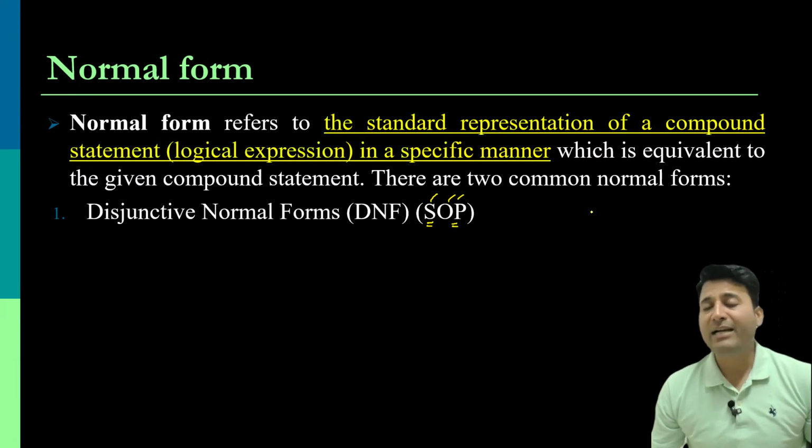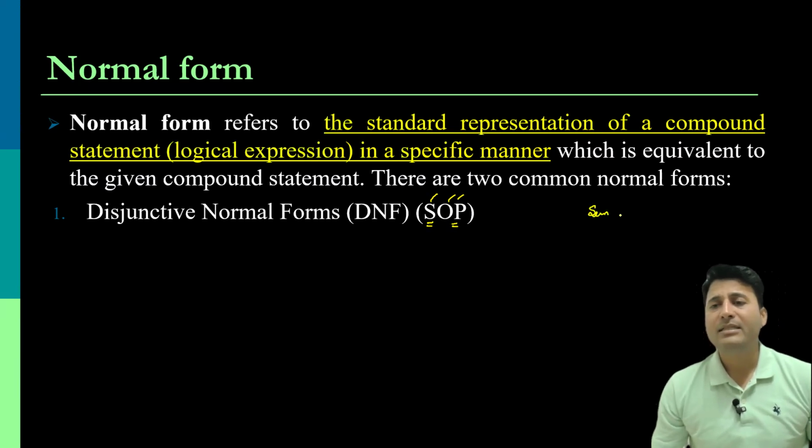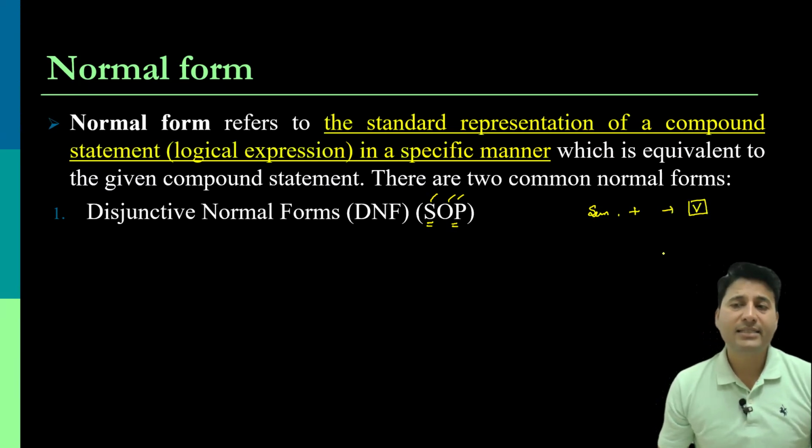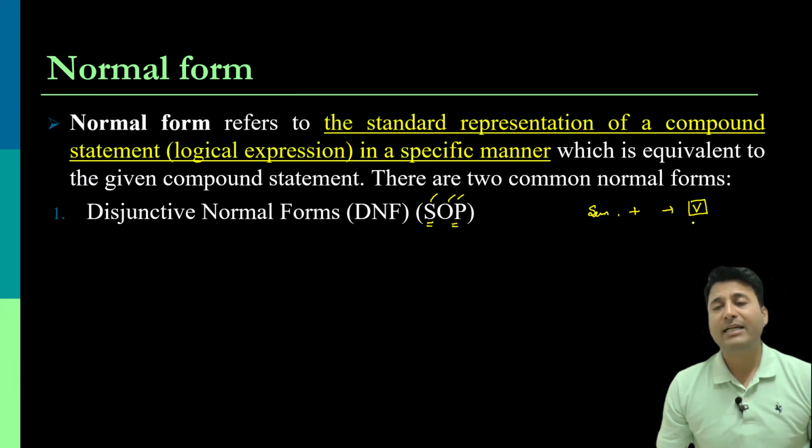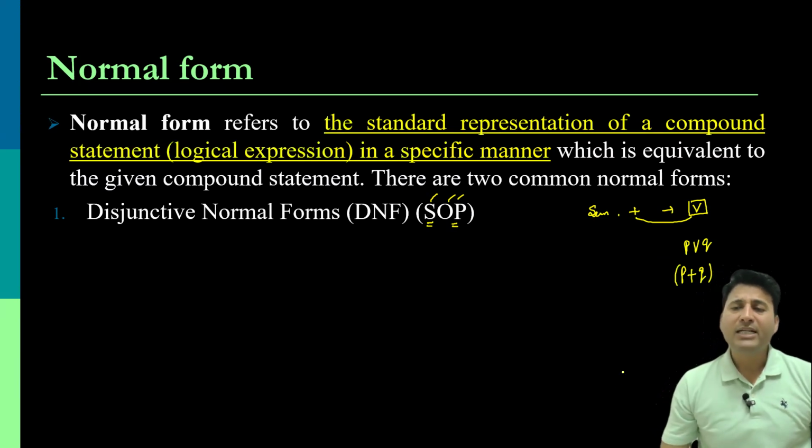In logic gates, when I'm talking about the sum, that is the plus. The OR gate is used to write these things. So in place of the OR gate, in this session we are using the notation plus. So P or Q can also be written as P plus Q. This is what we call a sum.